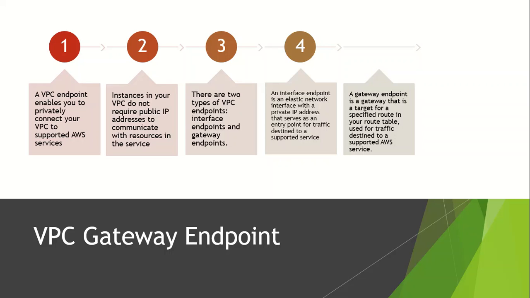So what are the supported AWS services? When we talk about VPC Gateway Endpoint, the supported AWS services as of now are AWS S3, that is your storage, and AWS DynamoDB. Later on more services might be covered, but at this point of time these are the services which are covered through gateway endpoints.